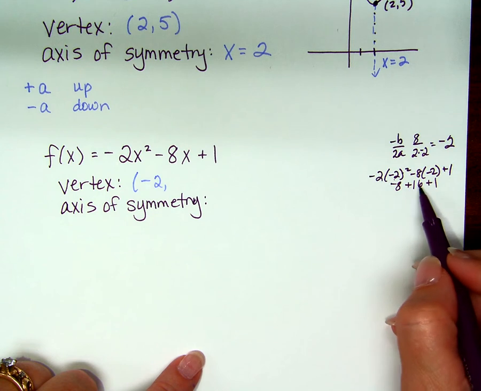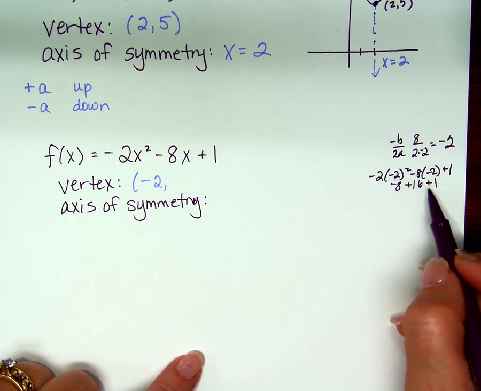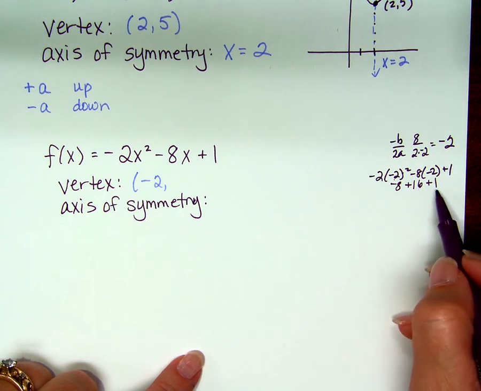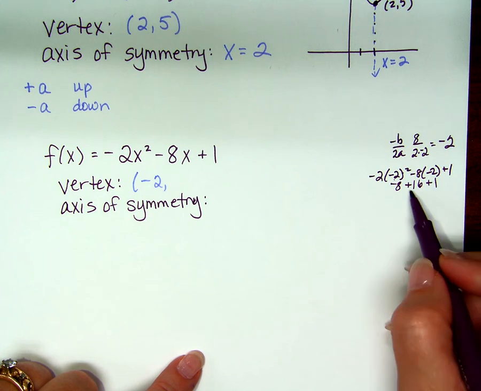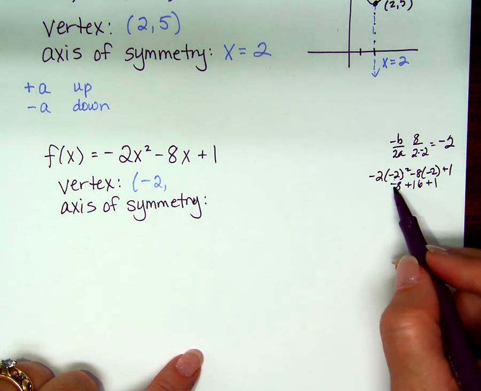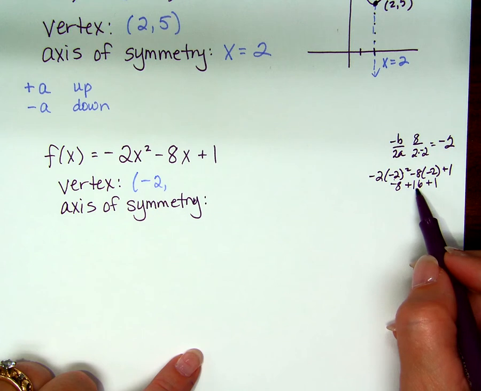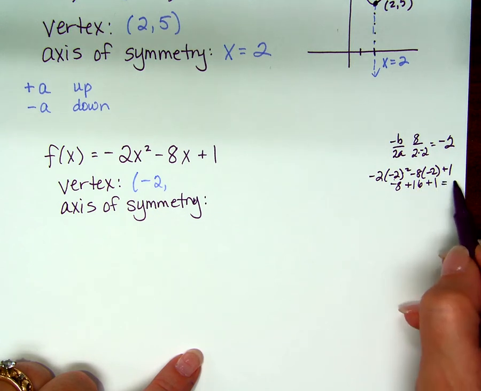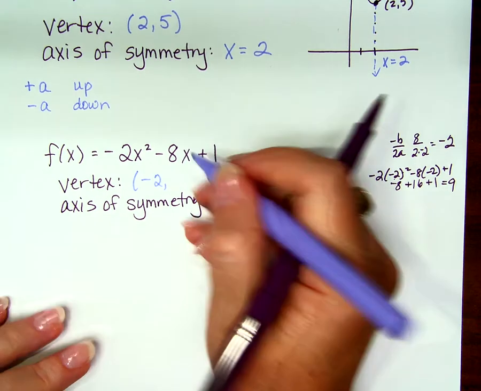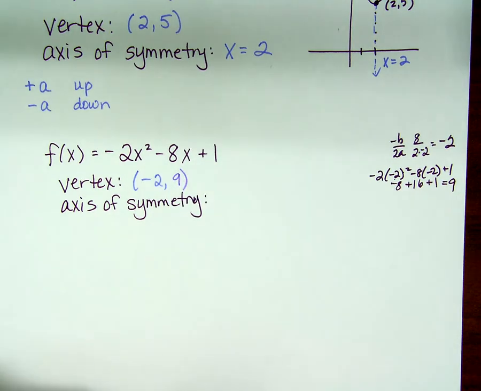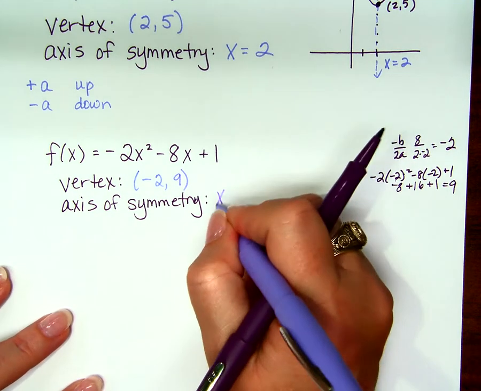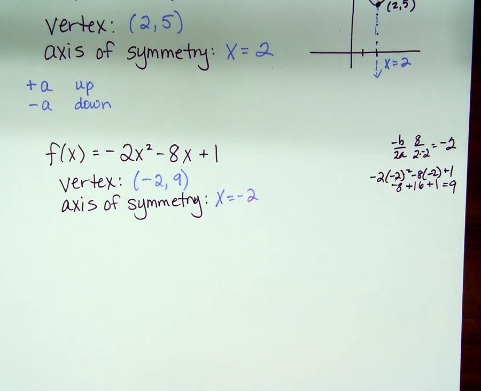What's negative 8 plus 16? Oh, it's just positive 8. Okay, negative 8 plus 16 is 8. 8 plus 1 is 9. So that is the y coordinate of my vertex. So what is my axis of symmetry? X equals negative 2.